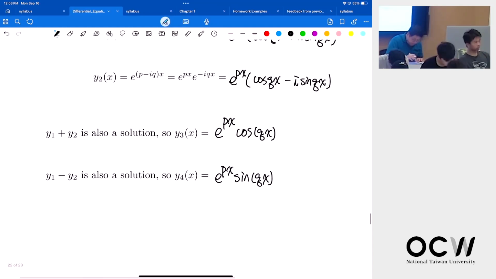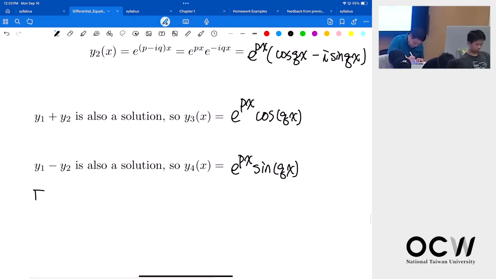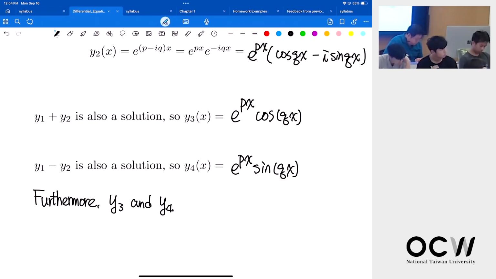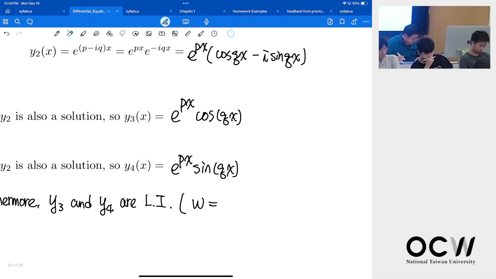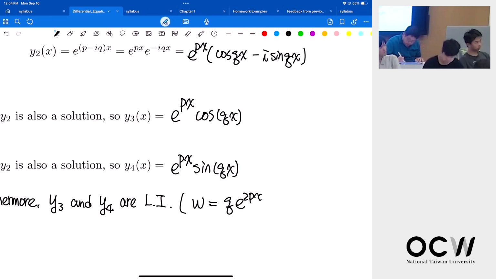You can also check whether y3 and y4 are linearly independent or not. Here, y3 and y4 are linearly independent. You can check the Wronskian test, W, which is q times e to the 2px. Okay, it's not 0.